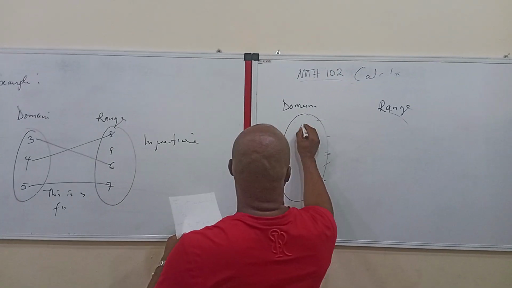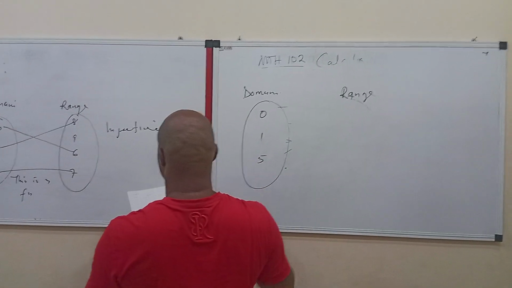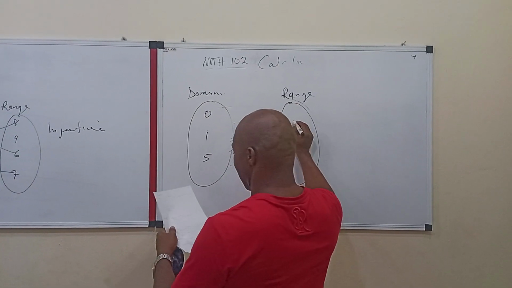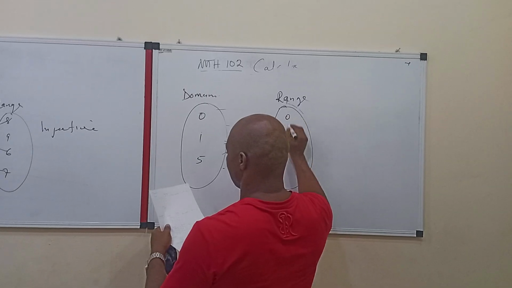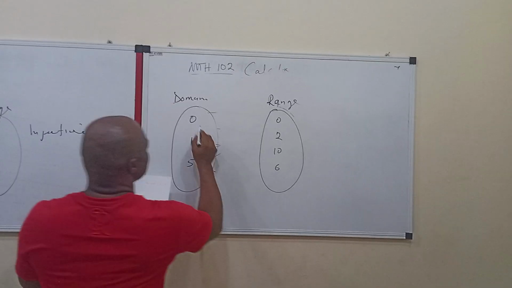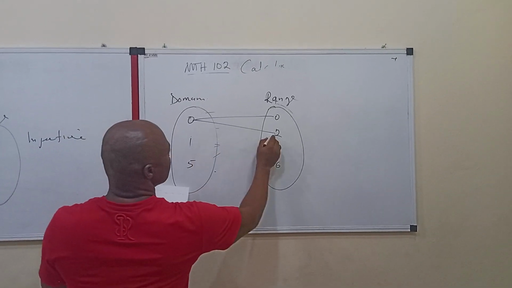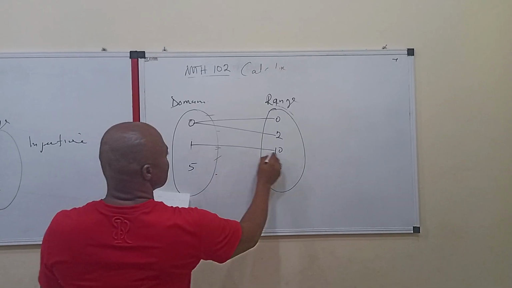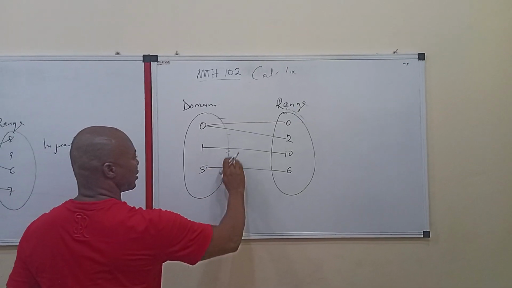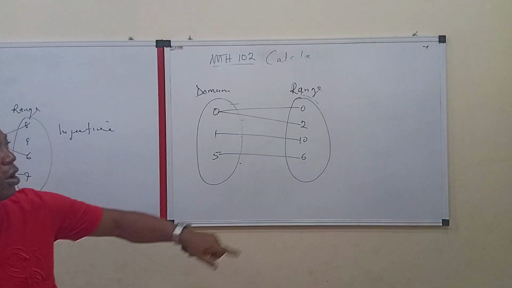If we consider 0, 1, and 5 in our domain, and in our range we have 0, 2, 10, and 6, look at the mapping, the association: this to this, this to this, and this to this. This is a relation, but is this kind of association injective or surjective?